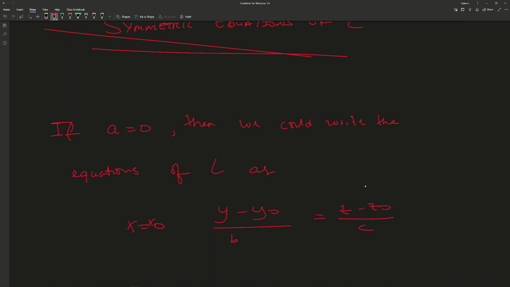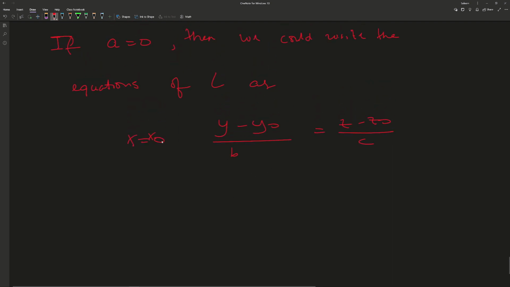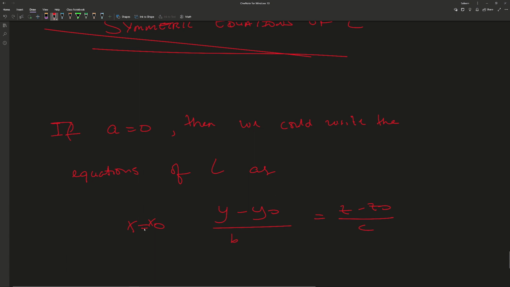This means that L lies in the vertical plane x is equal to x0.